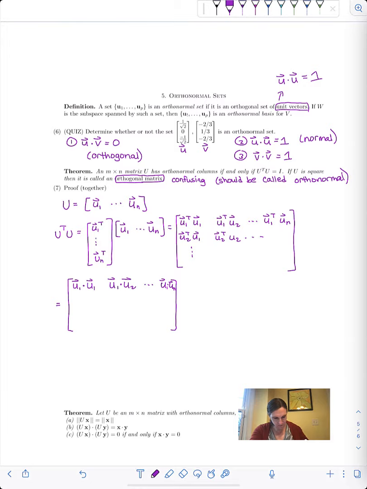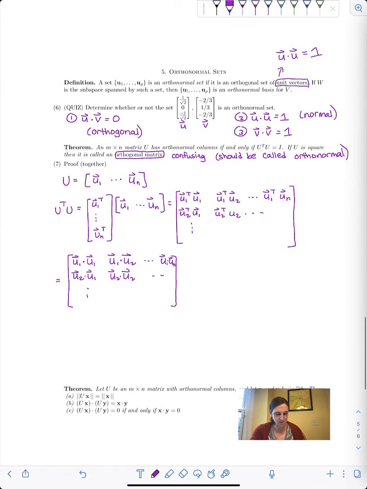It's U1 dot UN, U2 dot U1, U2 dot U2, and so on and so forth. What's nice about this is if our columns are orthonormal, this happens if and only if, first of all, the dot product of any column with itself equals 1.